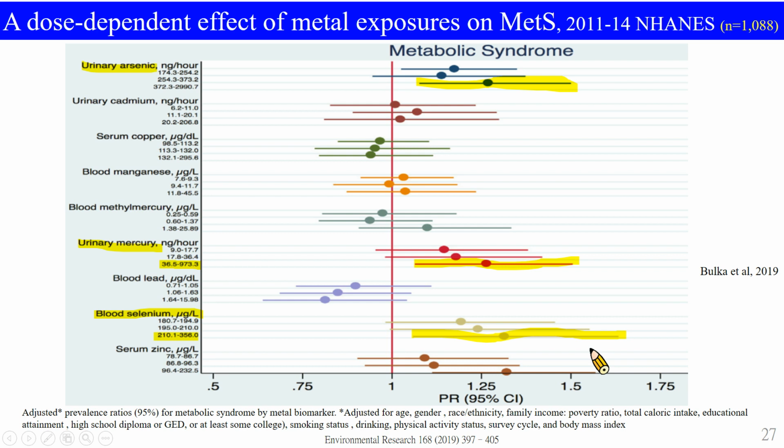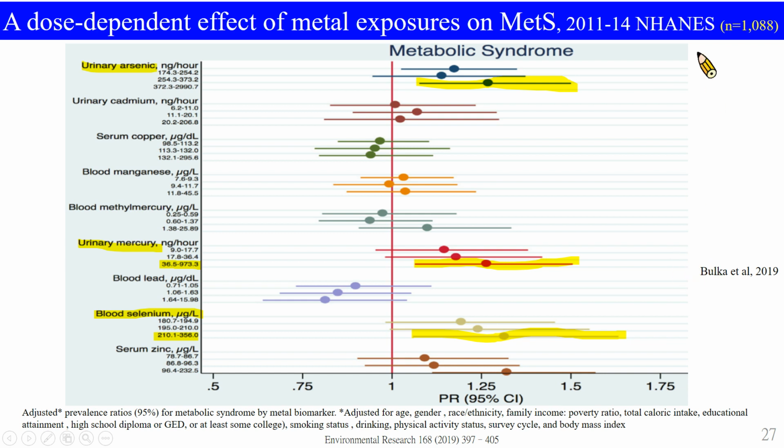Okay, so there is also a nationwide nutrition and health survey study in America which investigates metal exposure and the risk of metabolic syndrome. In this study, the authors found a dose-dependent effect of metal exposure on metabolic syndrome in American adults.